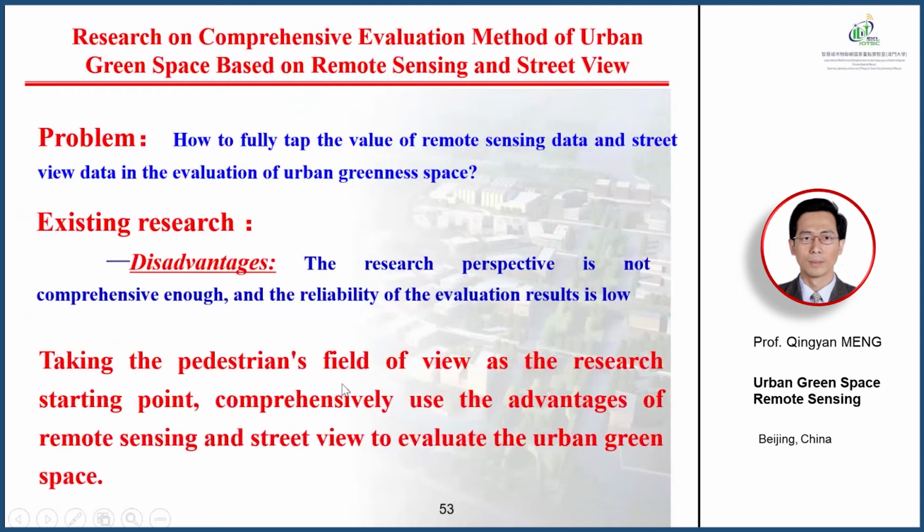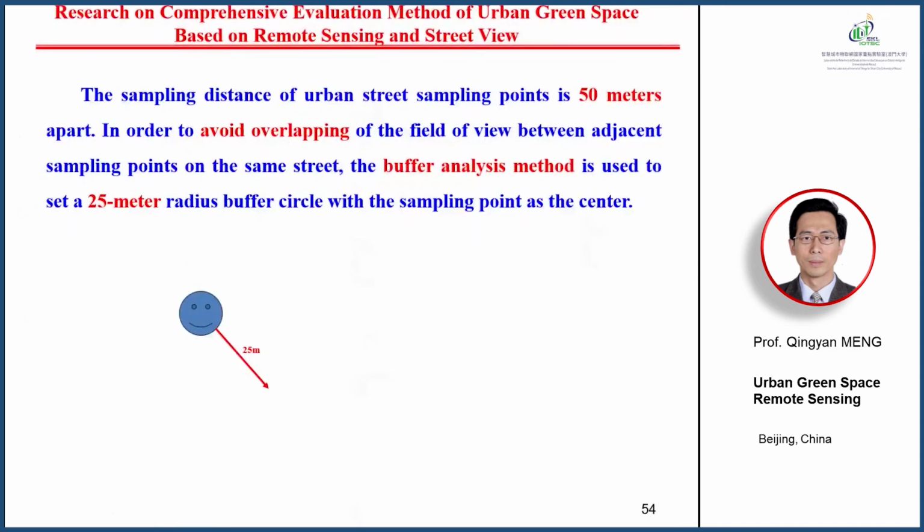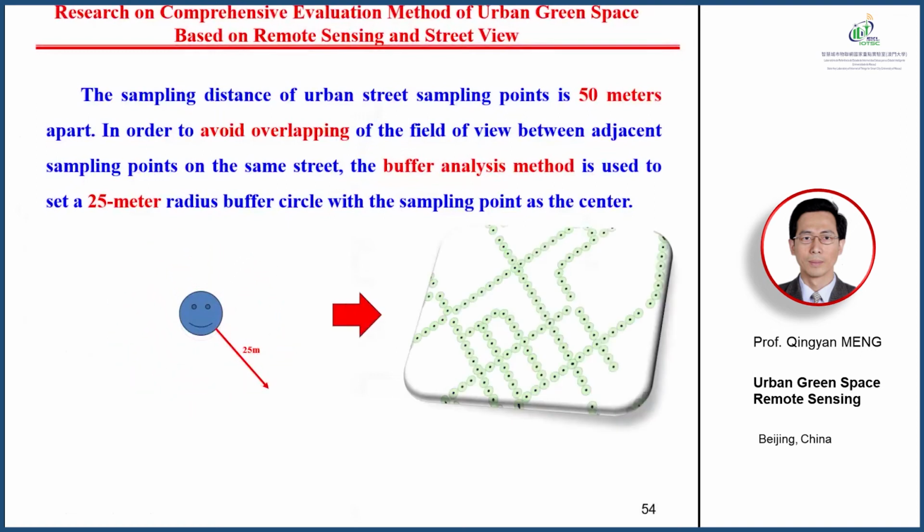We use the satellite data and the street view data. Then we use a sampling distance of 50 meters apart for the urban street sample points. In order to avoid the overlapping of the field of view between adjacent sampling points on the same street, the buffer analysis method is used.